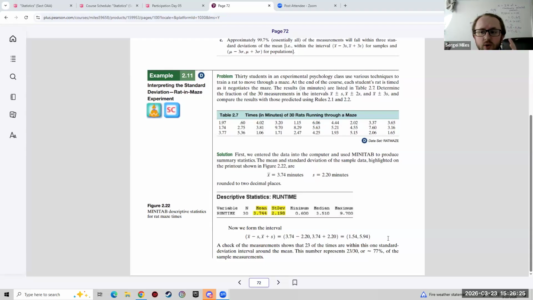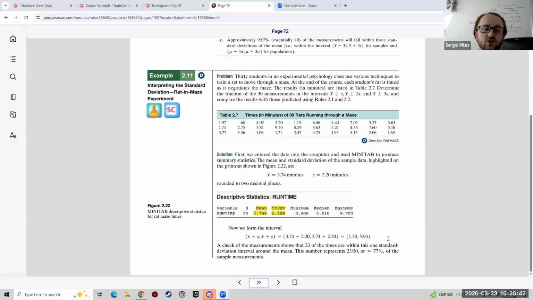Now, according to the empirical rule, approximately, so I'm waving my hand here, it's an approximation, not an exact calculation, but approximately 68% of the population is supposed to be in that interval, right?